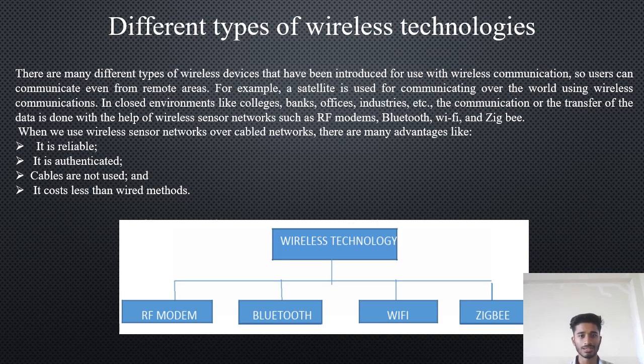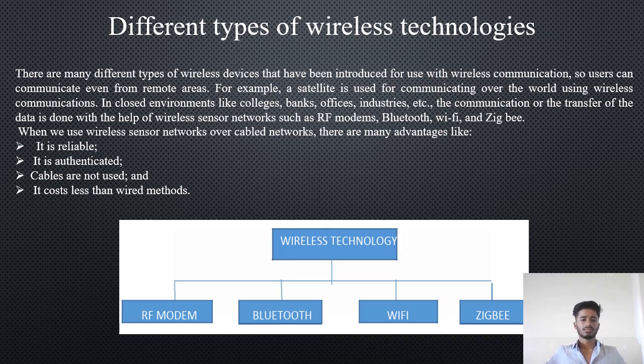For example, a satellite is used for communicating all over the world, and wireless communication is used in closed environments like colleges, banks, offices, industries, etc. The transfer of the data is done with the help of wireless sensor networks such as RF modems, Bluetooth, Wi-Fi, and Zigbee.